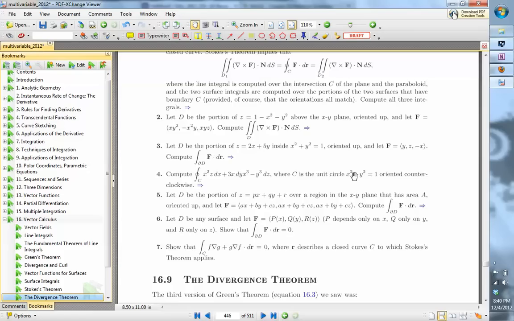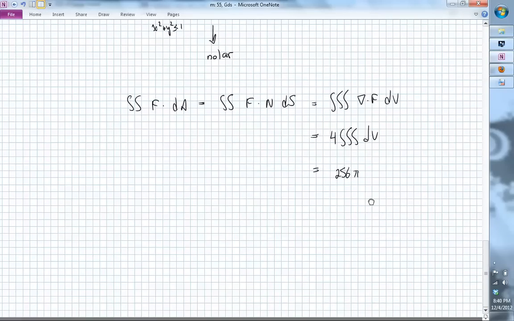So then this line integral of F dot dr is the surface integral over D of curl of F dot n dS.